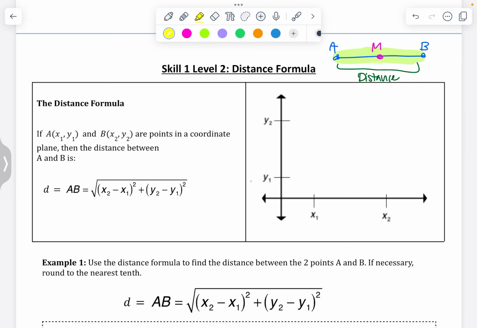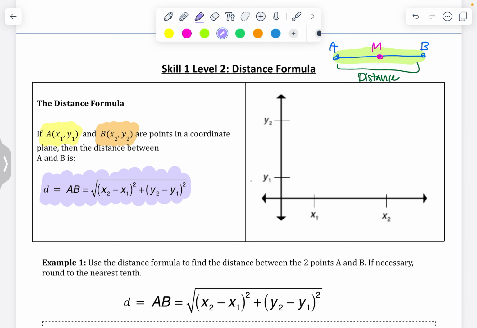If point A is x1, y1 and point B is x2, y2 are points on a coordinate plane, then the distance between A and B is represented by this whole entire equation. It's a long one, but it's super easy peasy, guys.